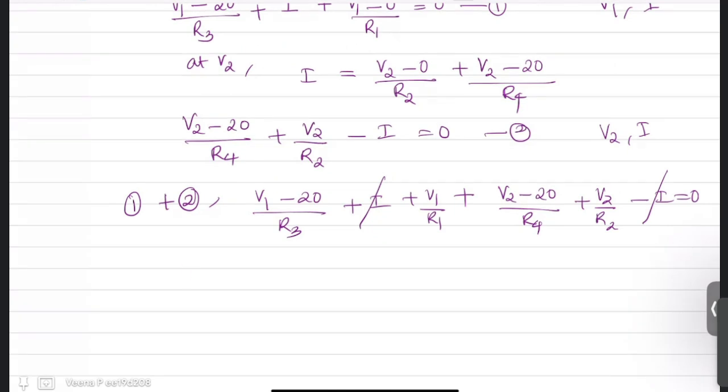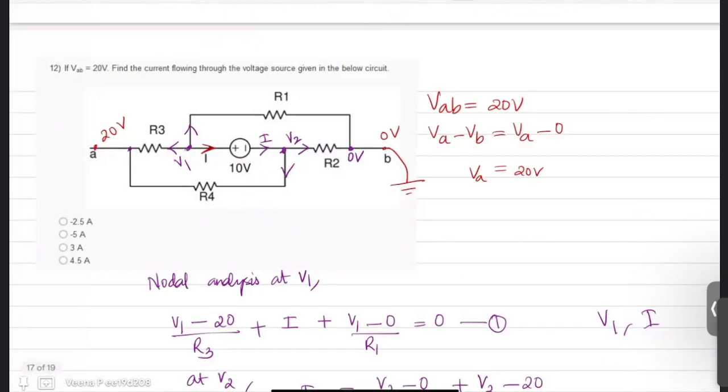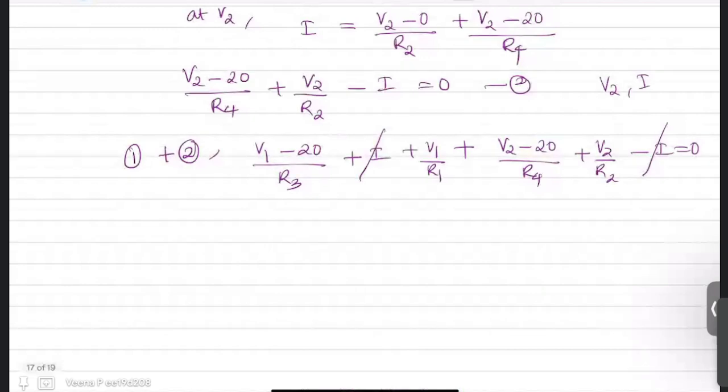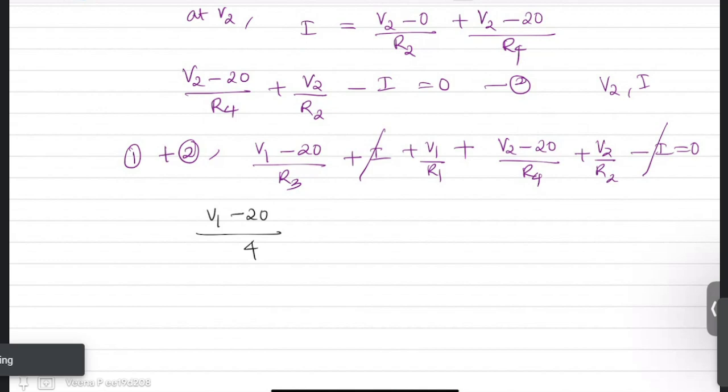These values are given in the original question, though not mentioned here. R1 is 8 ohms, R2 is equal to R3 is equal to 4 ohms, R4 is equal to 2 ohms. So this equation becomes (V1 minus 20) by R3, which is 4, plus V1 by R1, which is 8, plus (V2 minus 20) by R4.